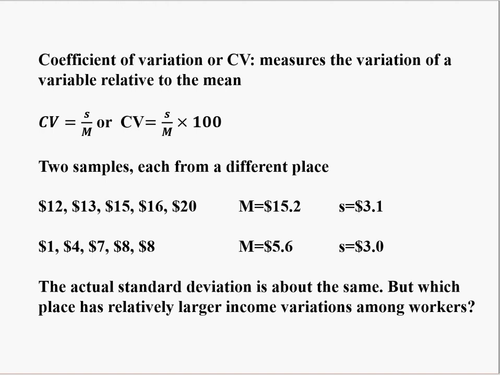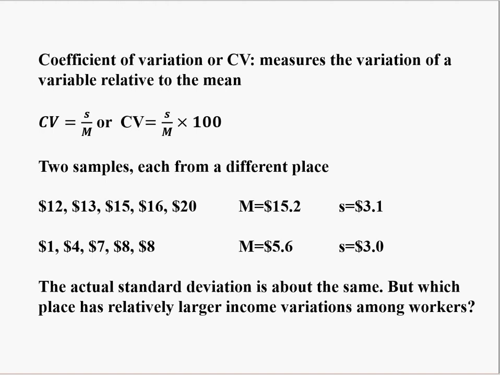So this really gives us a measure of the relative differences in income to the average income. So the coefficient of variation is significant in the sense that it describes the standard deviation in relation to the average income.